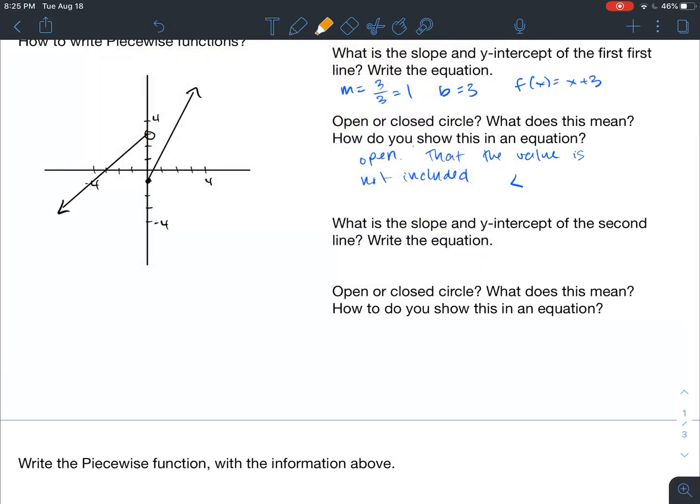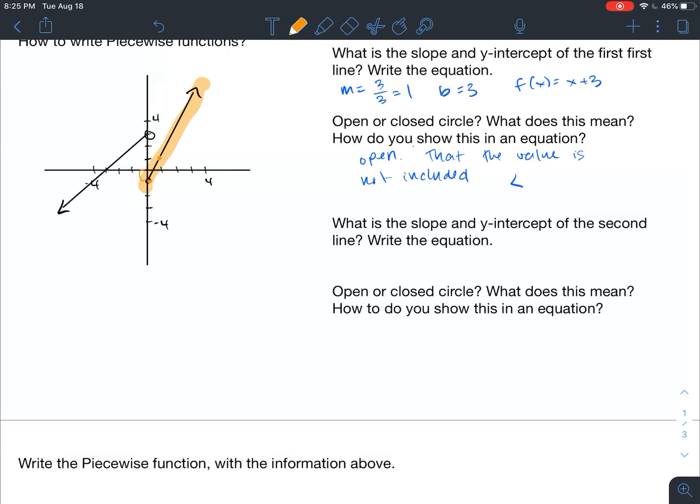Alright, now let's go over this one right here. What is the slope? Let's see. I think how I have it drawn is that it cuts through right there at the point 1, 1. And you can see that right here we're at 0, -1.